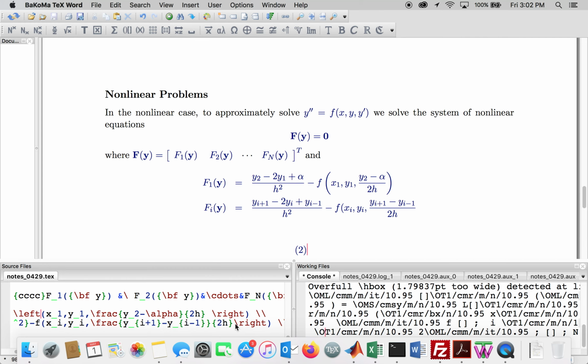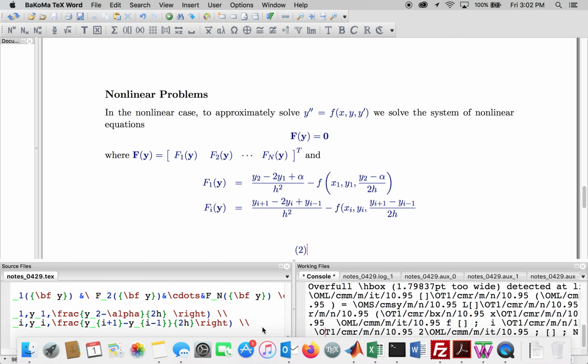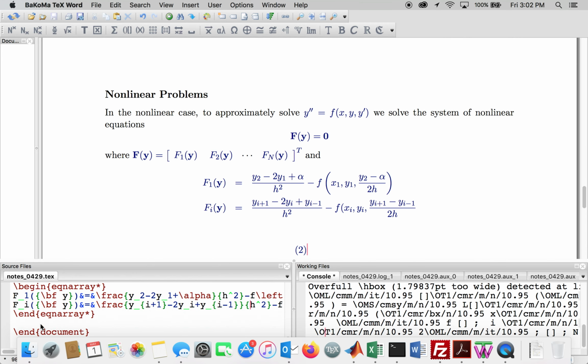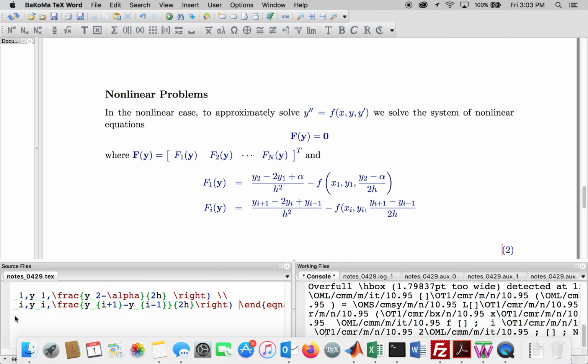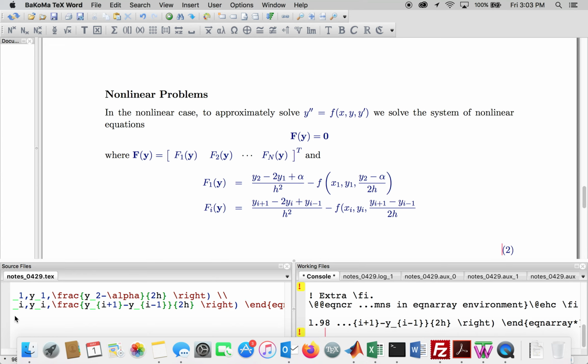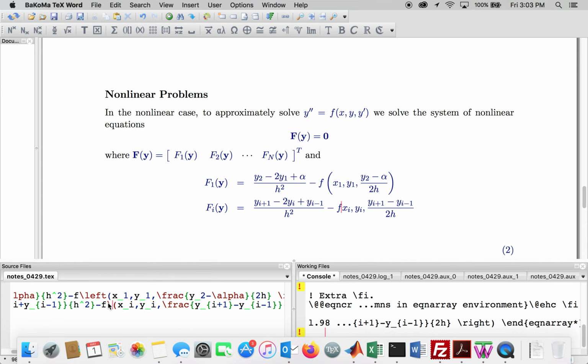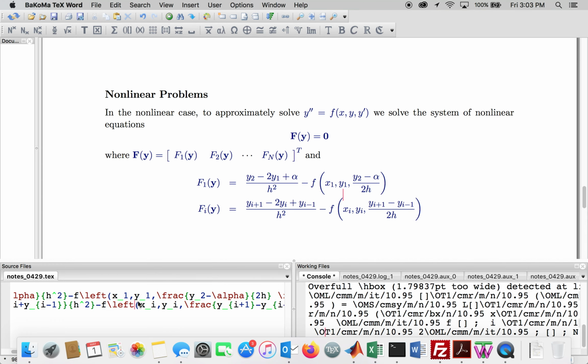Okay, that part is fine. Alright, I'm not sure what's going wrong here. Oh, I see what happened. I forgot to mark this as a left parenthesis. Okay.